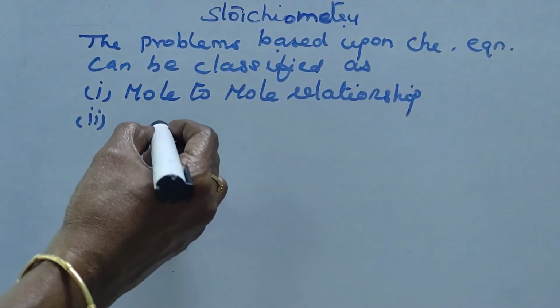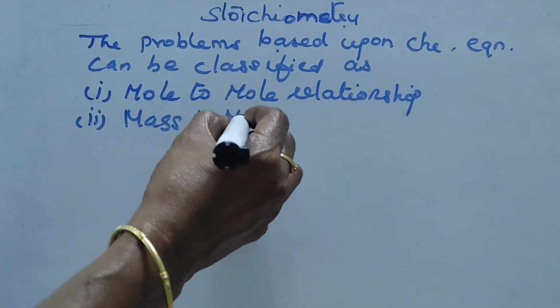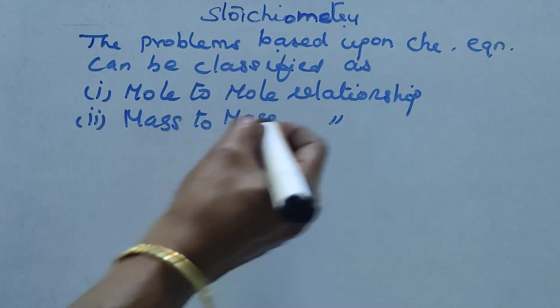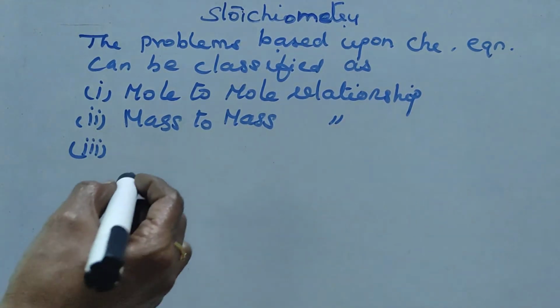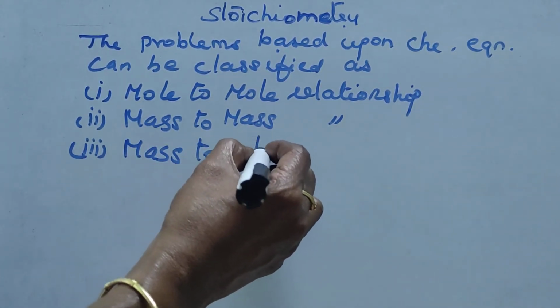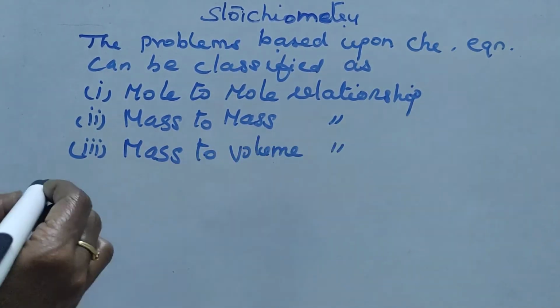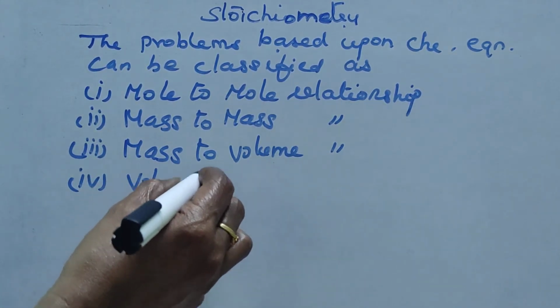Second type, mass to mass relationship. Third one, mass to volume relationship. Fourth one, volume to volume relationship.